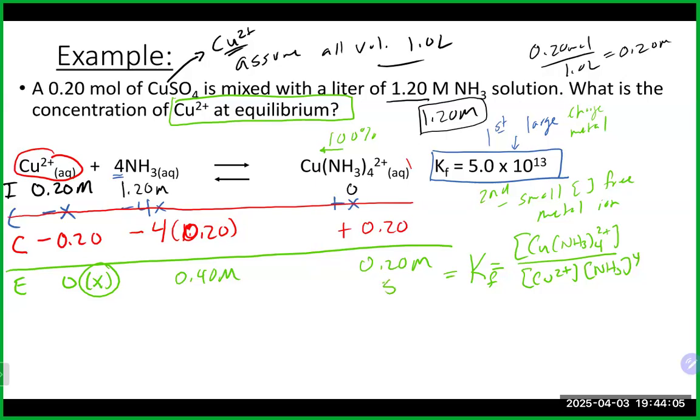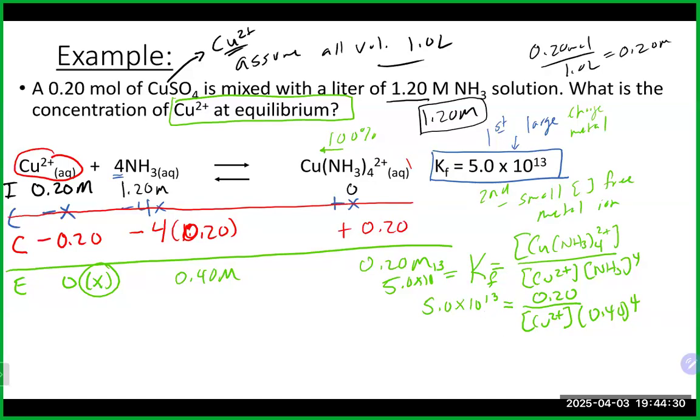And that's going to equal 5 times 10 to the 13th. At this point, we would put all of our numbers into our expression. So we would have 5 times 10 to the 13 equals 0.2 divided by the copper, which is what we're looking for, and divided by 0.4 to the fourth.